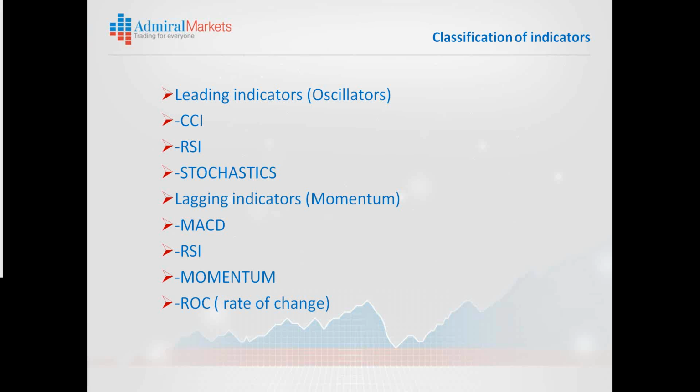So oscillators are much better in trading range markets than price action itself, because they are specially developed by using special algorithms and formulas to delve deep into the market's mind. And you know that the market is ranging 70% of the time, sometimes even more.